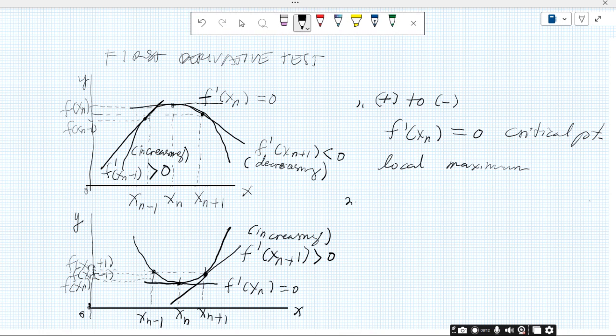However, to the left, we can draw another line, and we can say that the first derivative at xn minus 1 is this time negative, simply because you can notice that the curve here is decreasing.